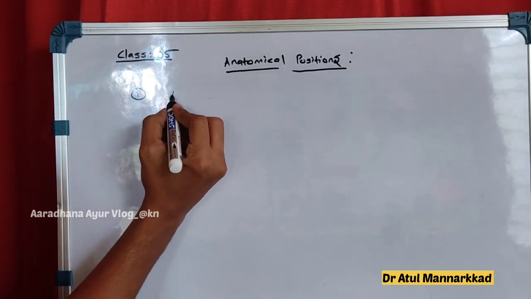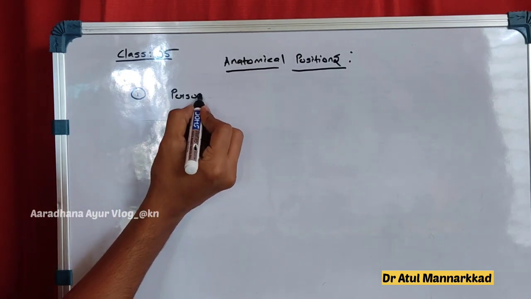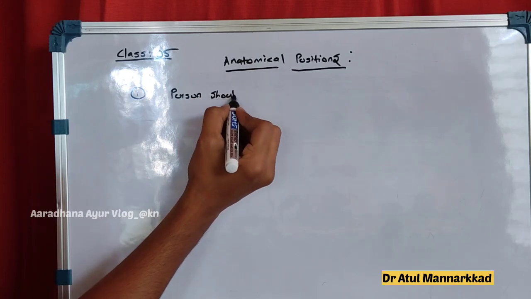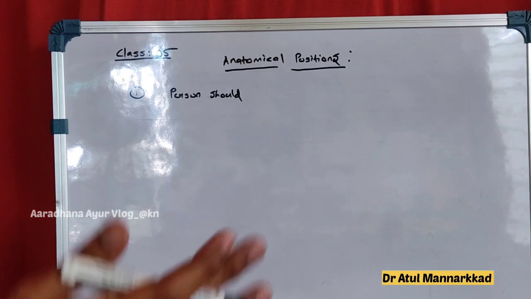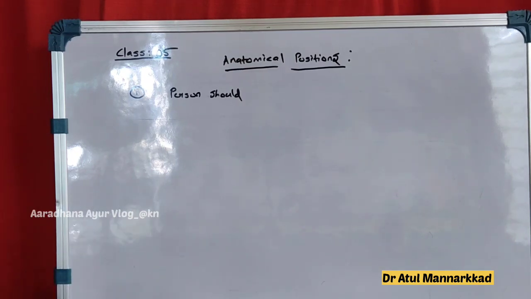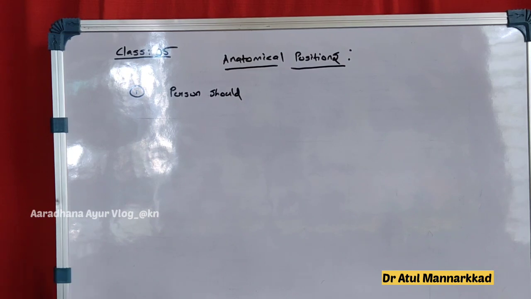How the person should stand? In the Viva also they will be asking to show the anatomical position, how you will stand. What is the anatomical position? Describe your anatomical position.